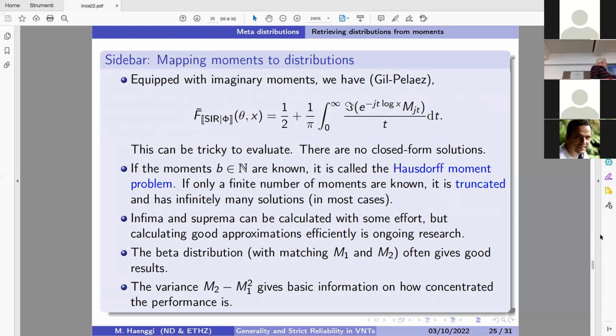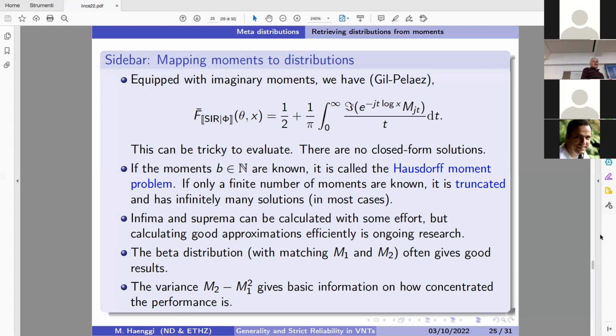If we calculate integer moments, then the problem of retrieving the distribution is called a Hausdorff moment problem. In practice, we only have a finite number of moments that we can calculate, and then it's a truncated Hausdorff moment problem, in which case it usually has infinitely many solutions, and then we can calculate infima and suprema over the set of possible solutions.